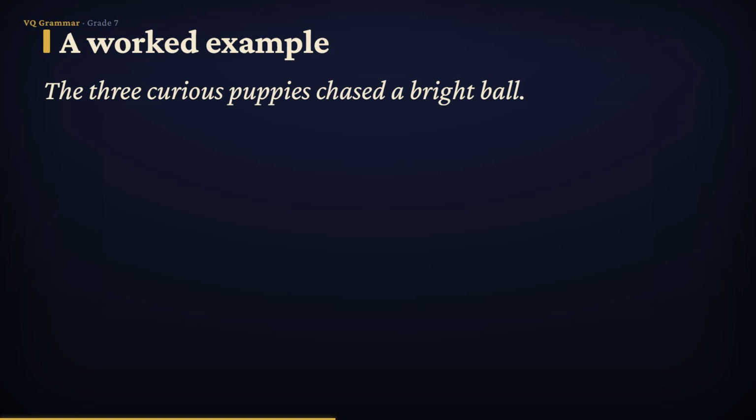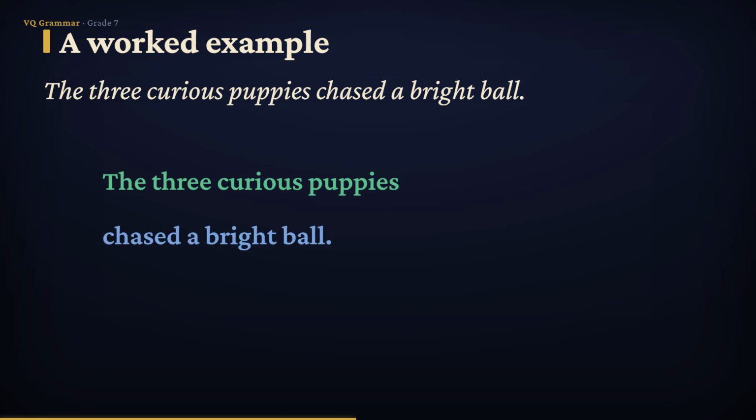Let's work one all the way through. The three curious puppies chased a bright ball. First, split it into two sides. The subject side is the three curious puppies. The predicate side is chased a bright ball. Now strip the subject down.